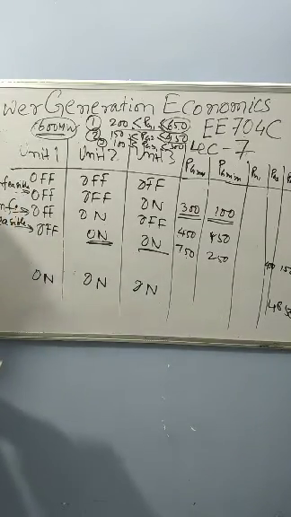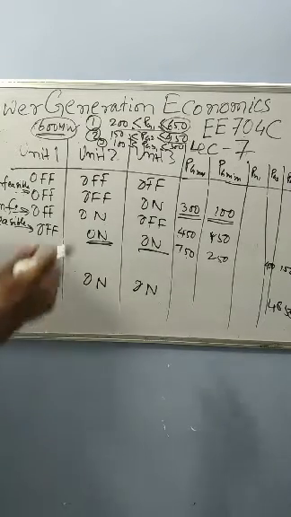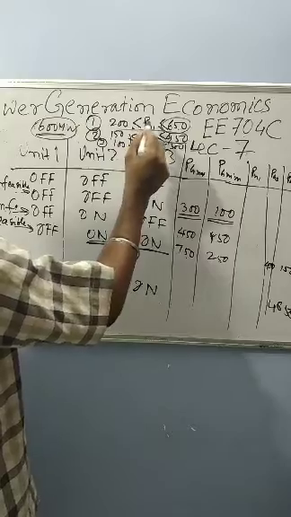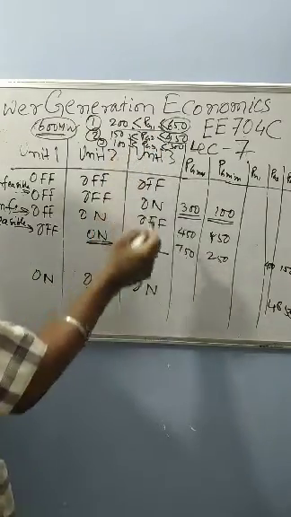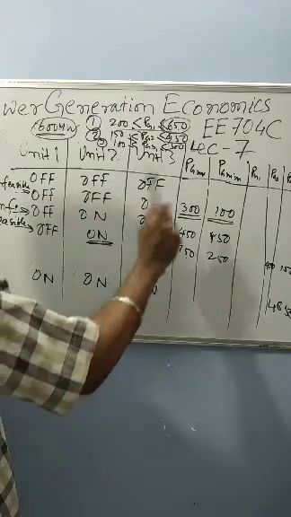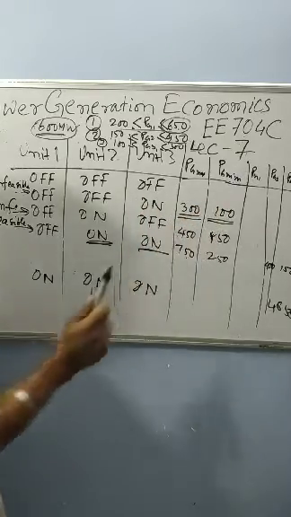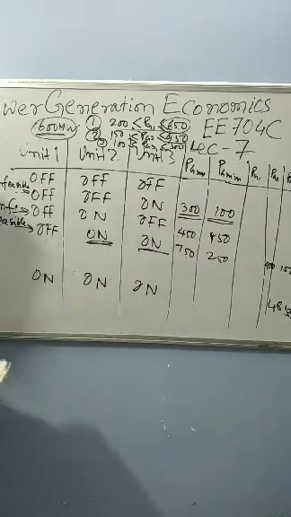The most economic option was to run only unit 1, because the load can be supplied by that unit operating closer to its best efficiency. So unit 1 itself can operate at the best efficiency. If 2 units or 3 units are operated, the operating point of efficiency will change and go to some other points.